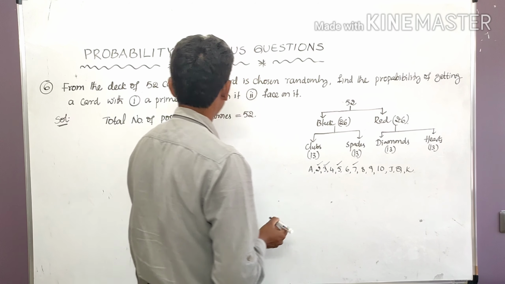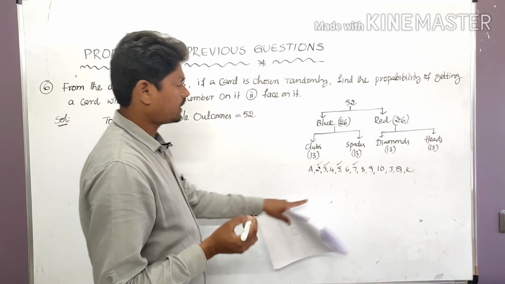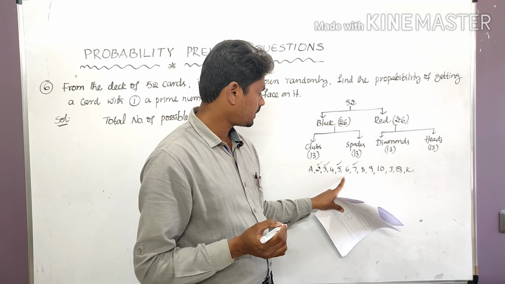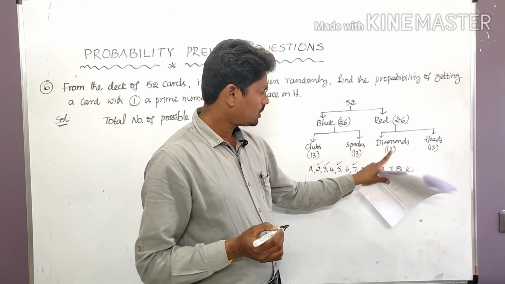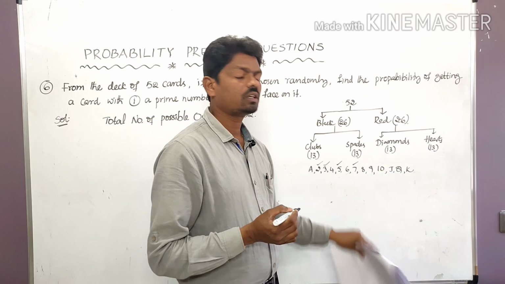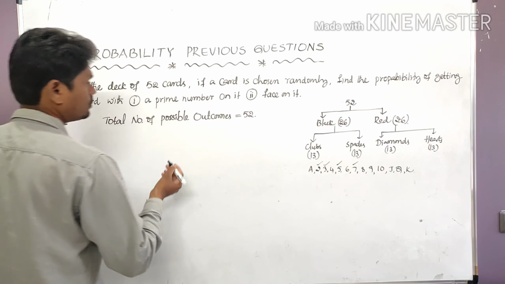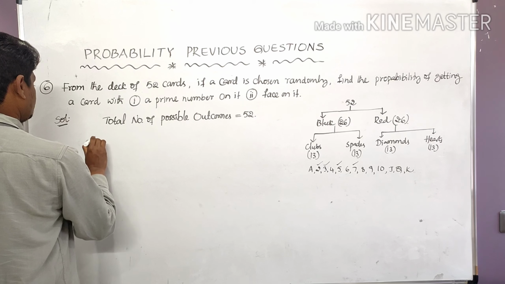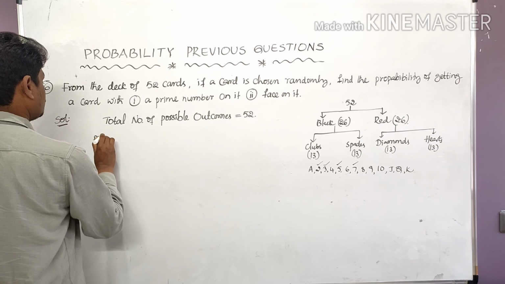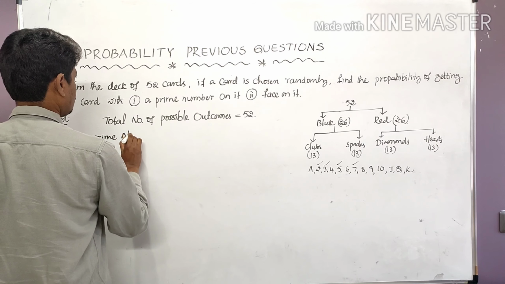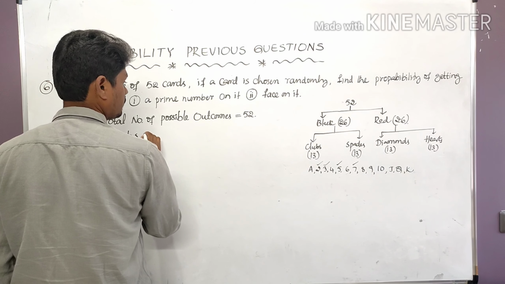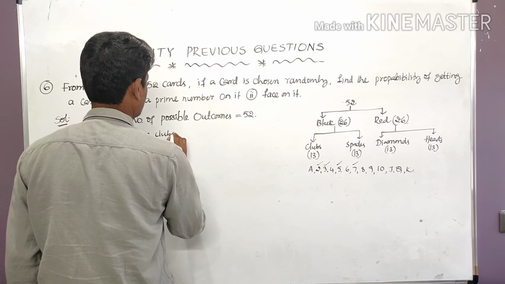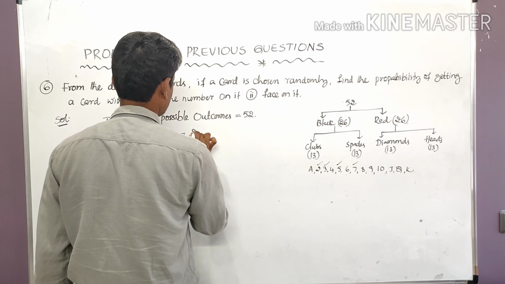So there are 4 prime numbers in each group. Clubs has 4 prime numbers, spades has 4, diamonds has 4 and hearts has 4. Prime numbers in clubs are 2, 3, 5, 7.